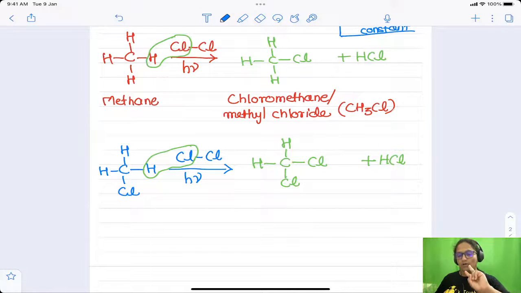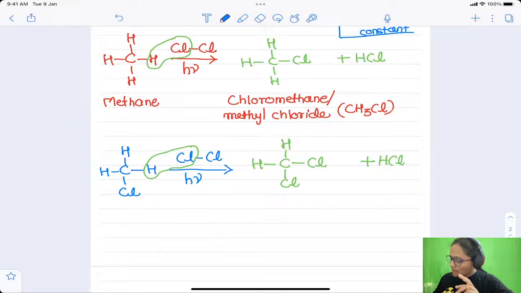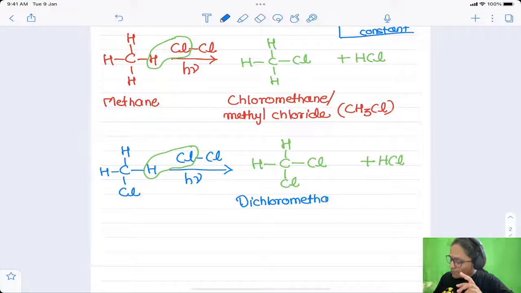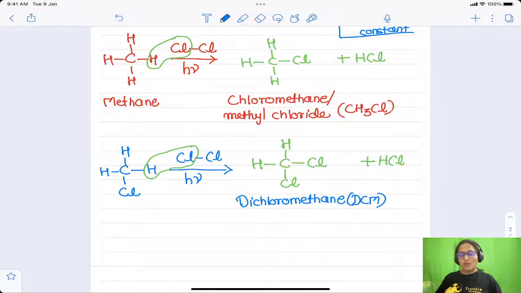Di stands for 2, right? So dichloromethane is also abbreviated as DCM, which is a very popular organic solvent. What do you mean by organic solvent? Many times when we are performing chemical reactions, we should use an organic solvent, because some organic compounds are not soluble in water.